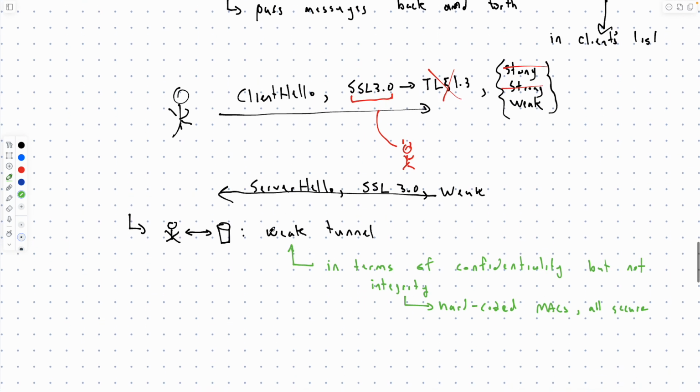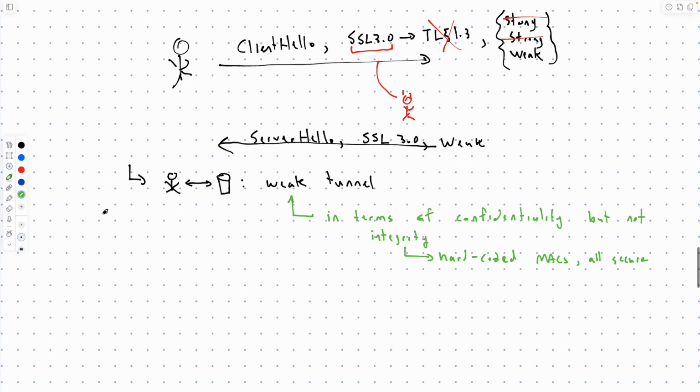Okay, so we have a weak tunnel, but we have the ability to do a secure MAC, even though everything else might be compromised. So then what do we do? The client will say to the server, this is what I heard, this is what I told you.